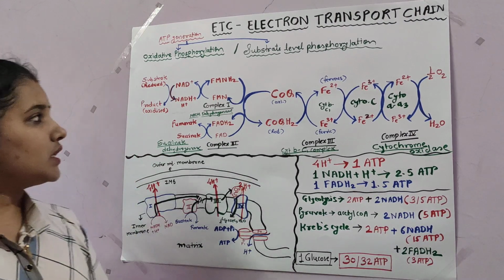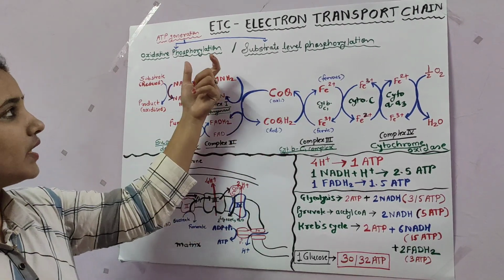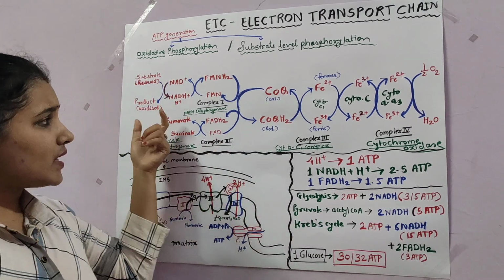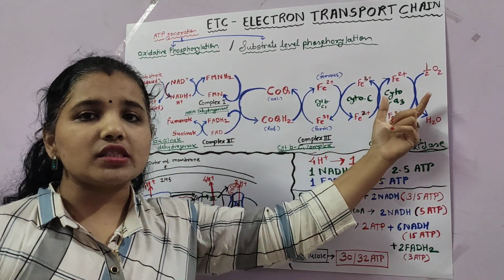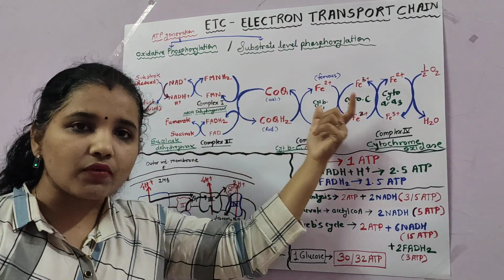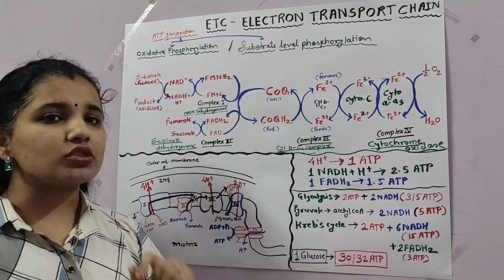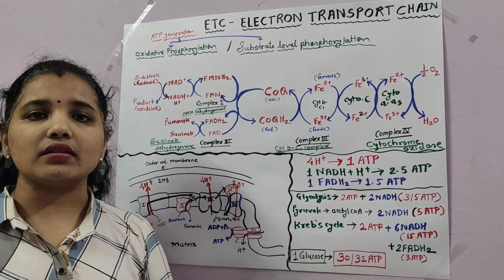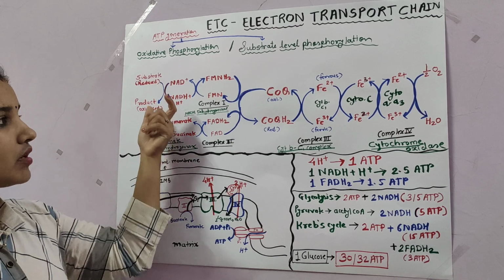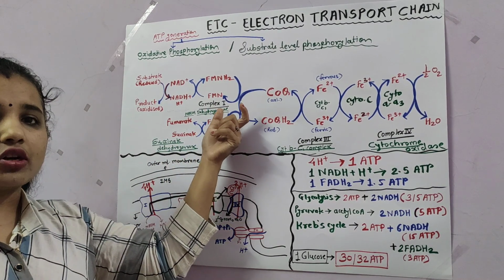Now, these are the carriers of the electron transport chain. As the name implies, a chain of carriers is present. Carriers of what? They are the carriers of the electrons and of the protons. One is the acceptor, and the carrier above is the donor.